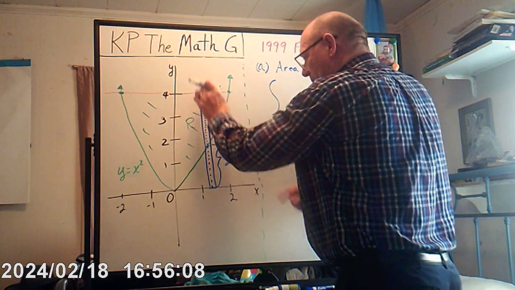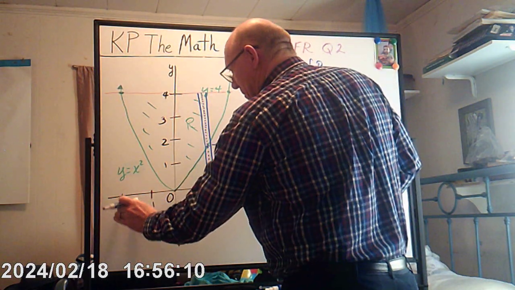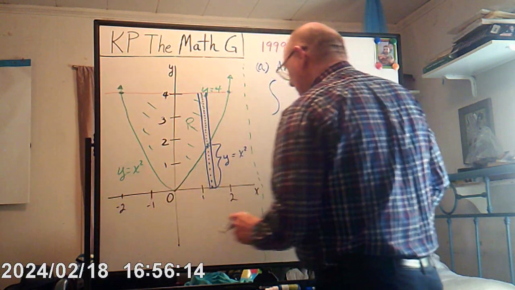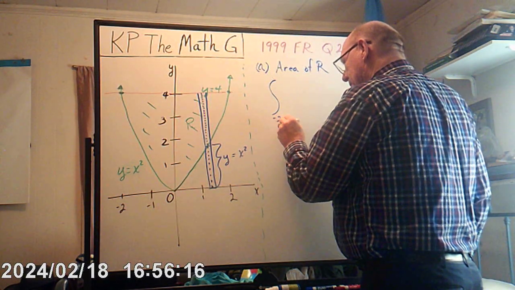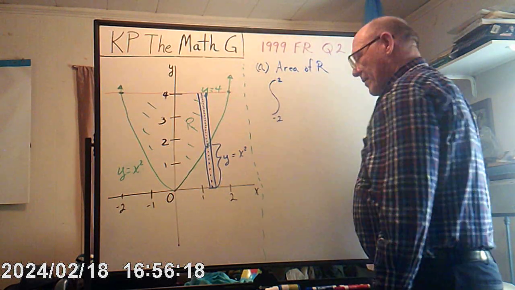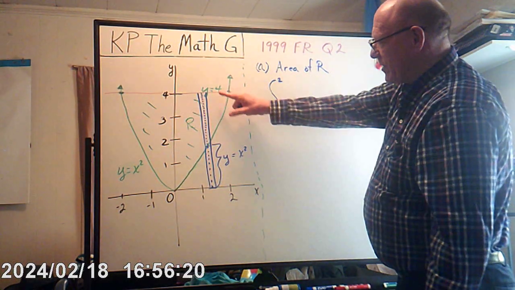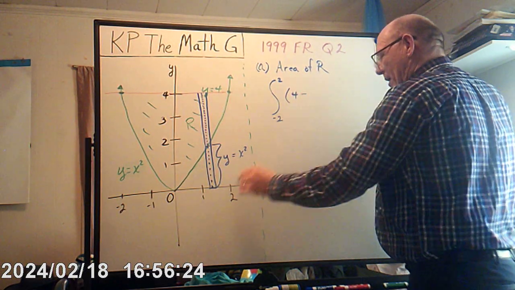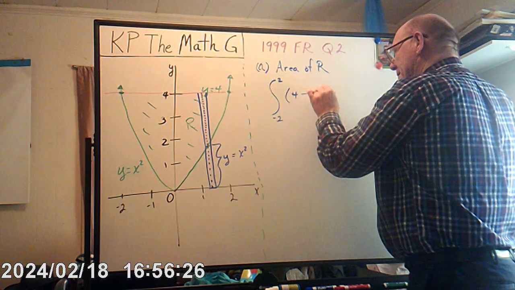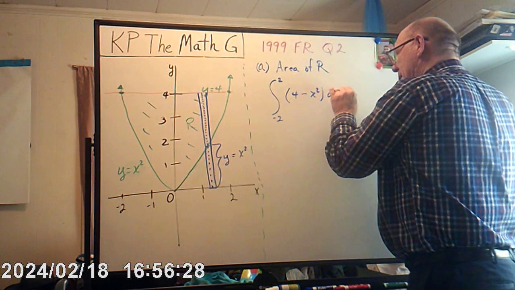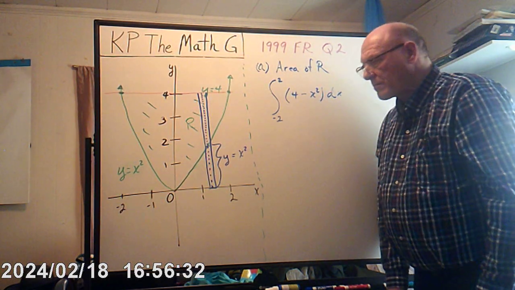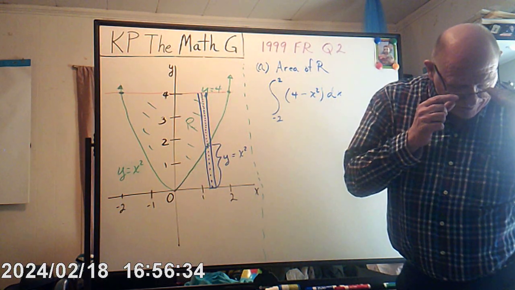Our interval could go from -2 to 2, and we simply take 4 minus y, which is x squared, dx. That's basically all you have to do there.